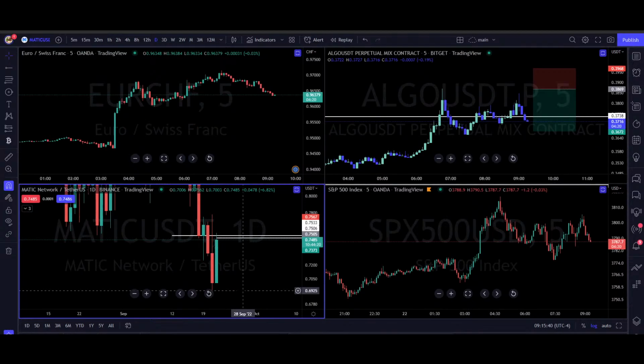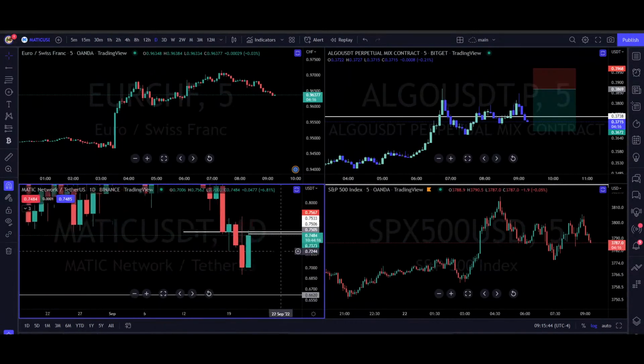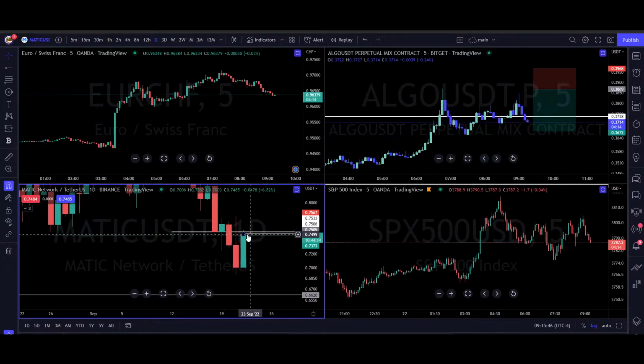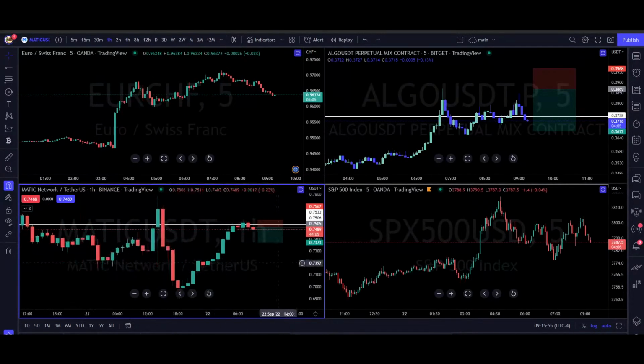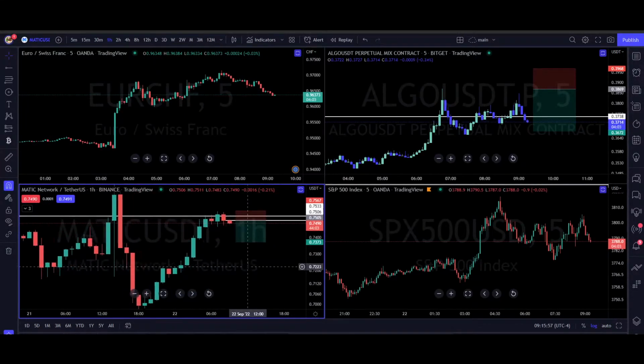So it's not an engulfing, it's an inside day candle, which is usually good for downside continuation. But we will take the trade. That's what we do. We are risk managers.